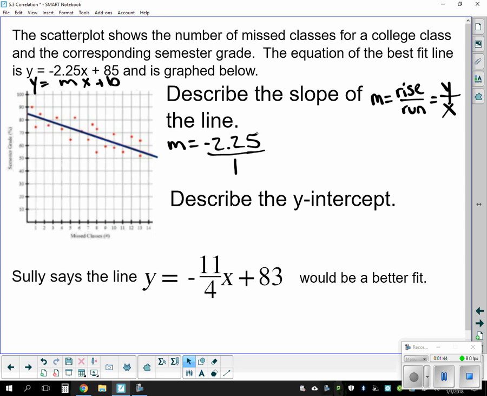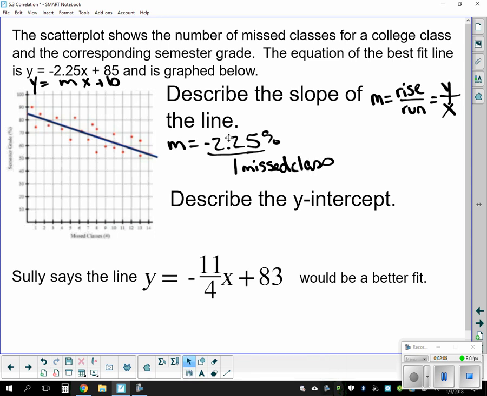Well, that top number then is your rise. The rise deals with the y variable. You might be able to read it better on your paper. That is your semester grade. Okay, it's your percent. So we're saying it's negative 2.25%, and the 1 would be the number of missed classes.